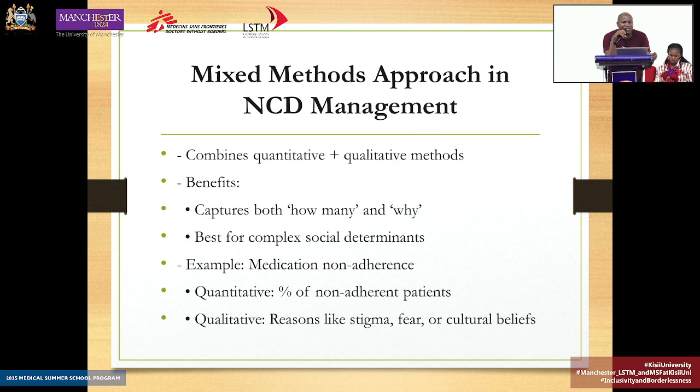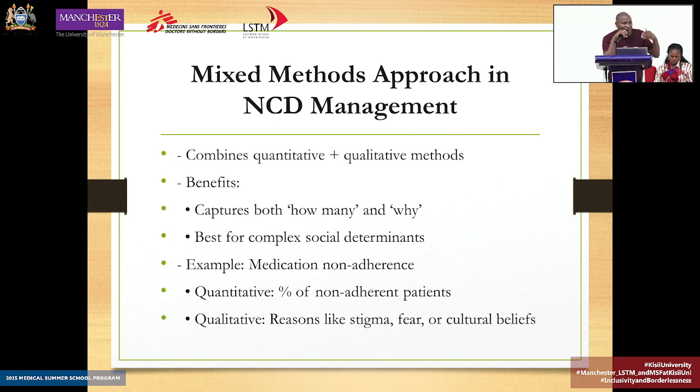You are able to extract numerical data from the participants, and now you bring in the qualitative aspect. Quantitative brings in numeric, and then qualitative brings in the descriptive, the narratives, the verbal talks, and now you combine the two.